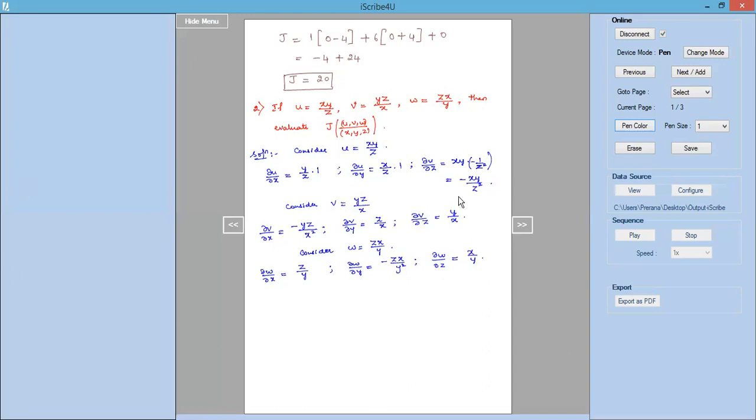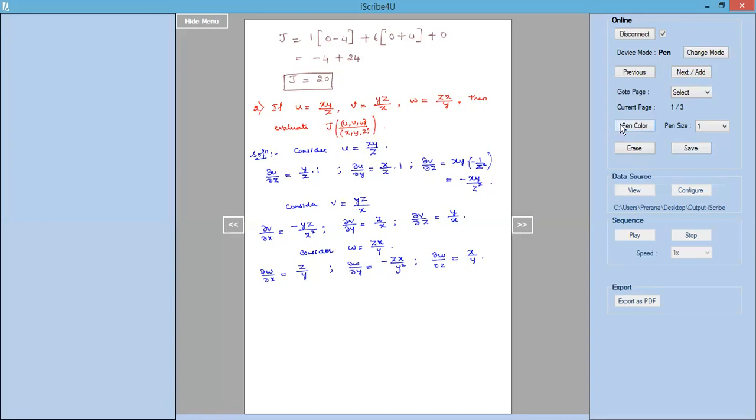So it was in the same manner how we did the previous partial derivatives. With respect to x, z by y is a constant. Differentiation of x with respect to x partially is 1. With respect to y, zx is a constant. Write it down as it is. Differentiation of 1 by y is minus 1 by y square. And with respect to z, finally, x by y is a constant. Writing as it is. Z differentiation gives us 1.